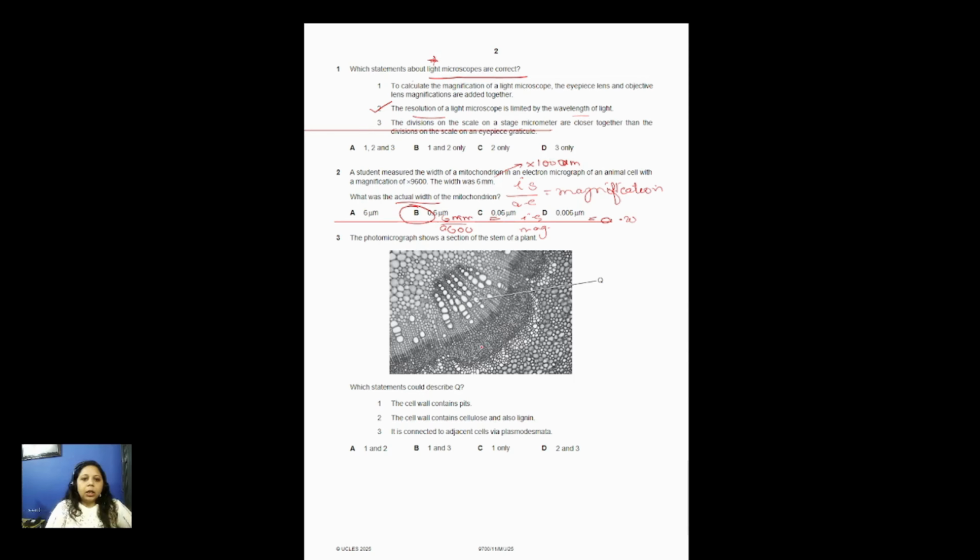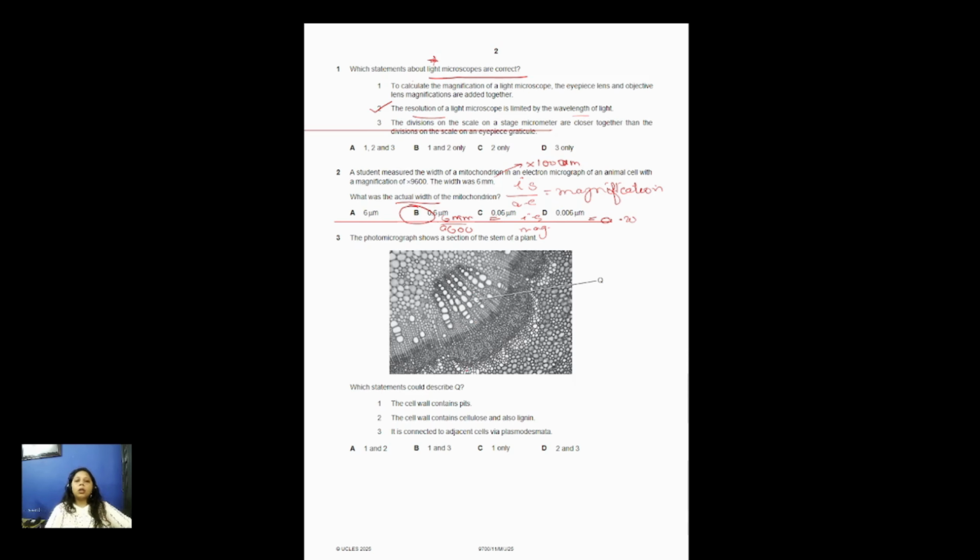Clear? Next one: the photomicrograph shows a section of a stem of a plant. So it's a stem. This one is a cortex, here we have the vascular bundle, and this one is a pith. Let's go into the detail of what Q is. Number one, the cell wall contains pits.